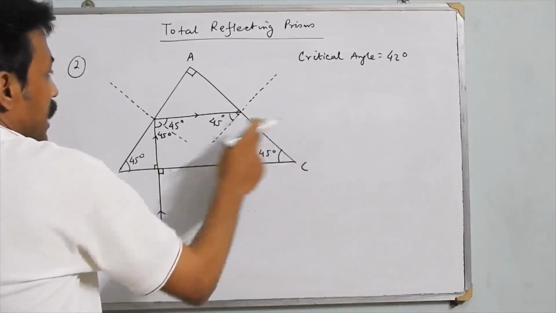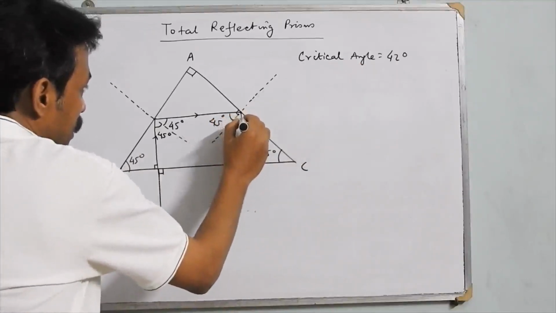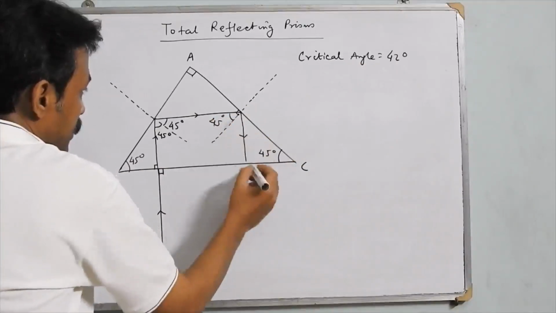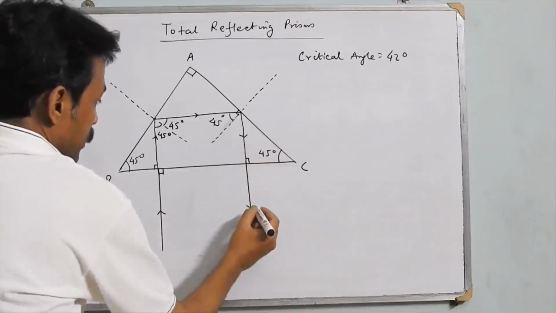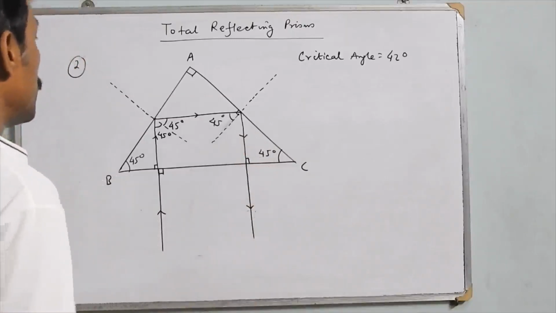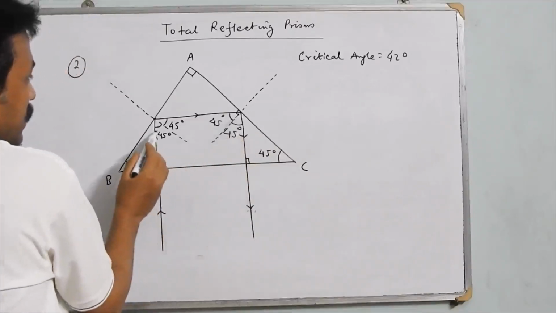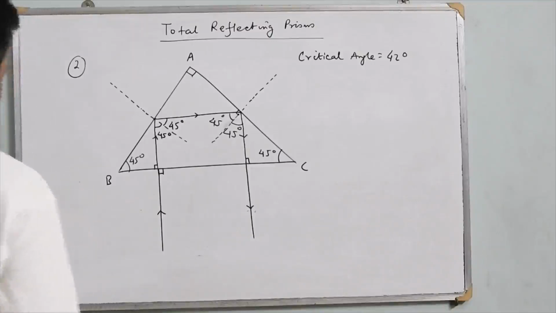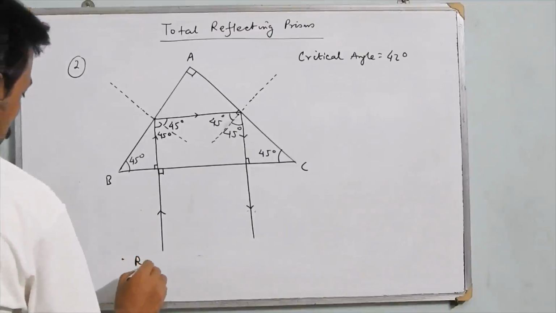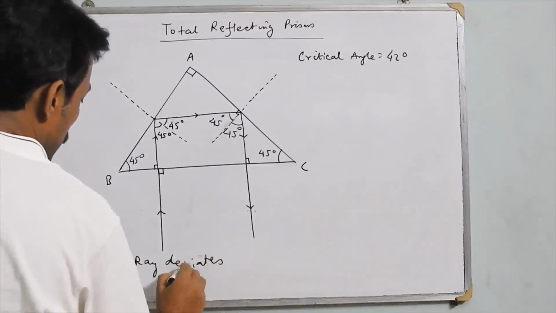The angle of incidence is greater than the critical angle, so it will again totally internally reflect. And now this angle will be 90 degrees, so it will follow its path and move in this manner. So you see that the ray has now deviated by 180 degrees. 90 here and 90 here. So the ray has deviated by an angle of 180 degrees.